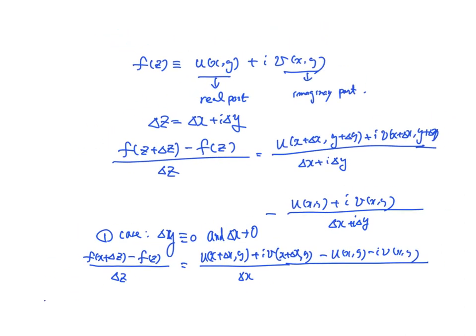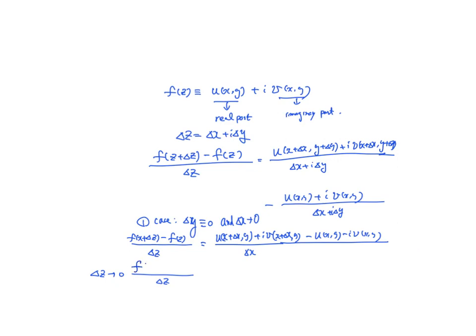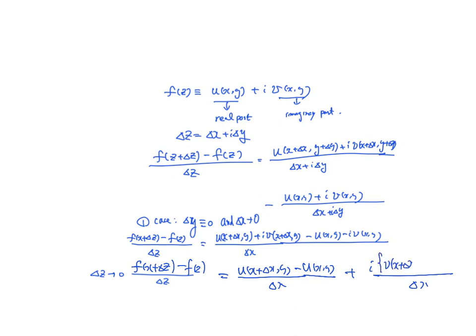So when delta z goes to 0, f(z + delta z) minus f(z) is basically [u(x + delta x, y) minus u(x, y)] over delta x, plus i [v(x + delta x, y) minus v(x, y)] over delta x, which is partial x partial u plus i partial x partial v.